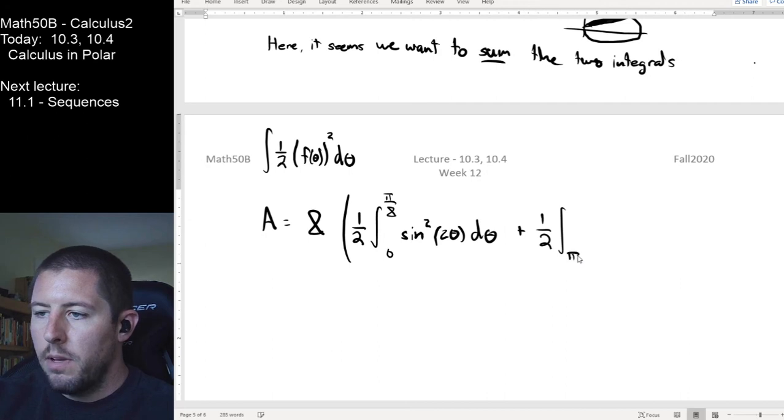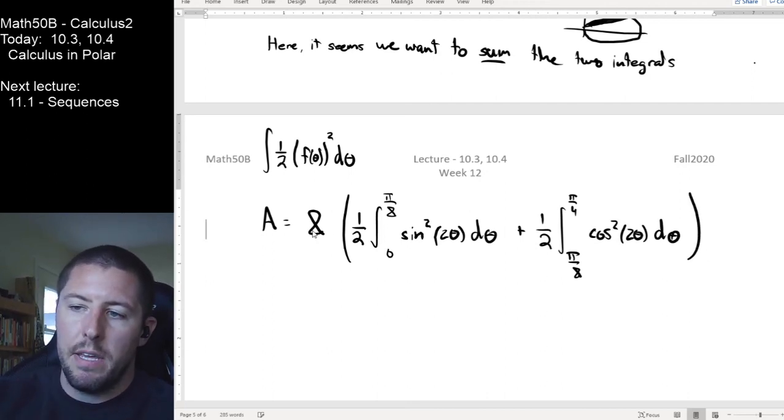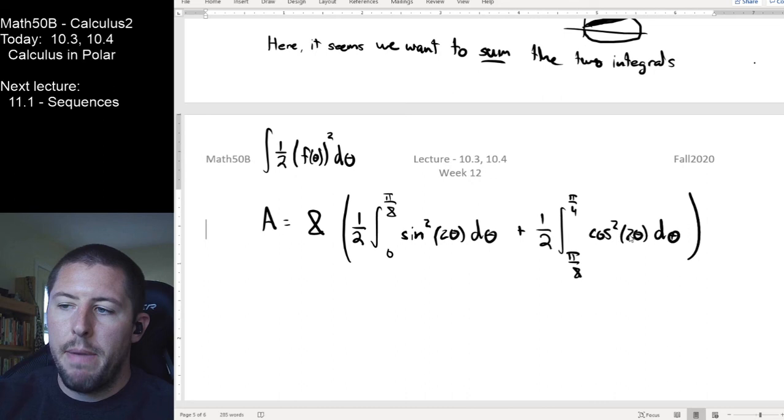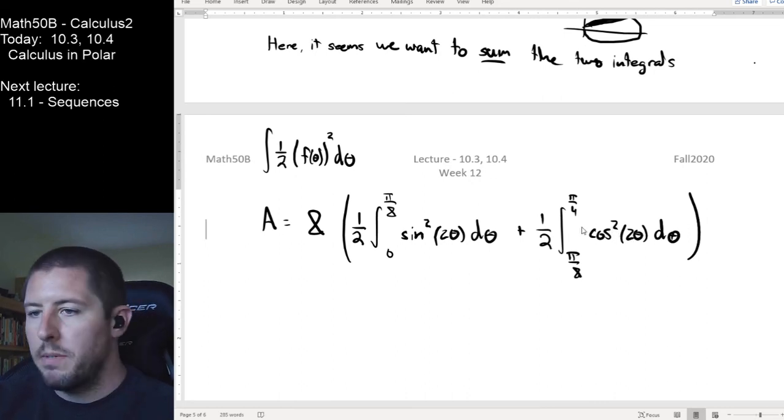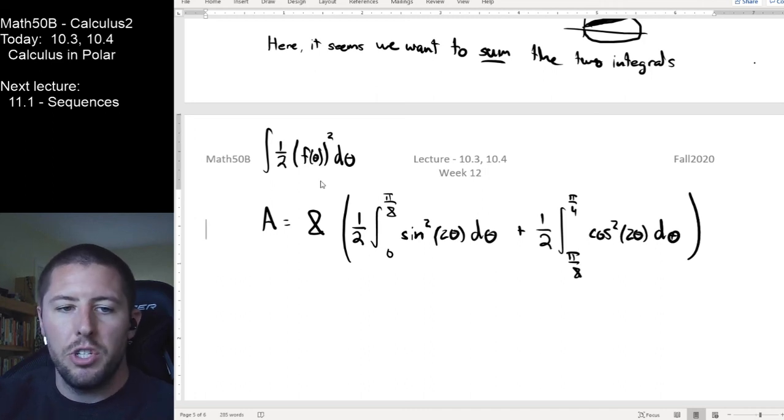I also want to accumulate the top half of our petal, and this should be of cosine squared 2 theta d theta. And this should end up giving us our entire area, right? 8 copies of the bottom half of the petal plus the top half of the petal is what I'm seeing right here. Each of these is just directly using our area formula for polar curves here.